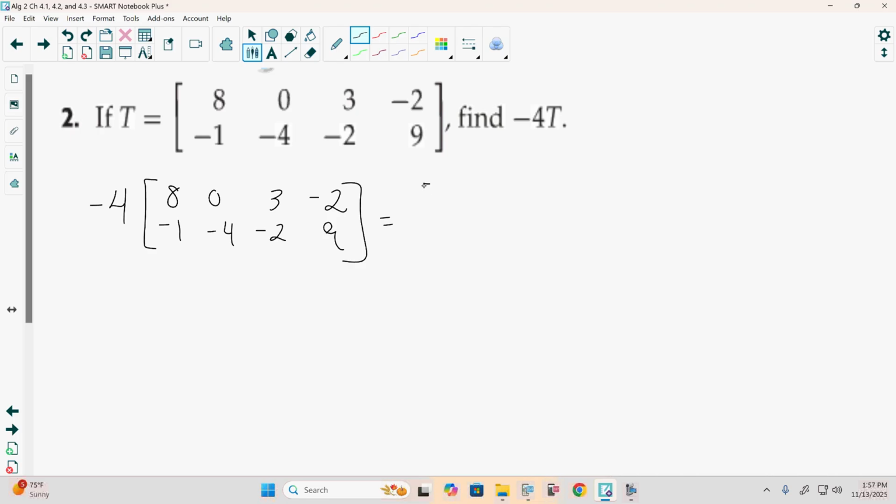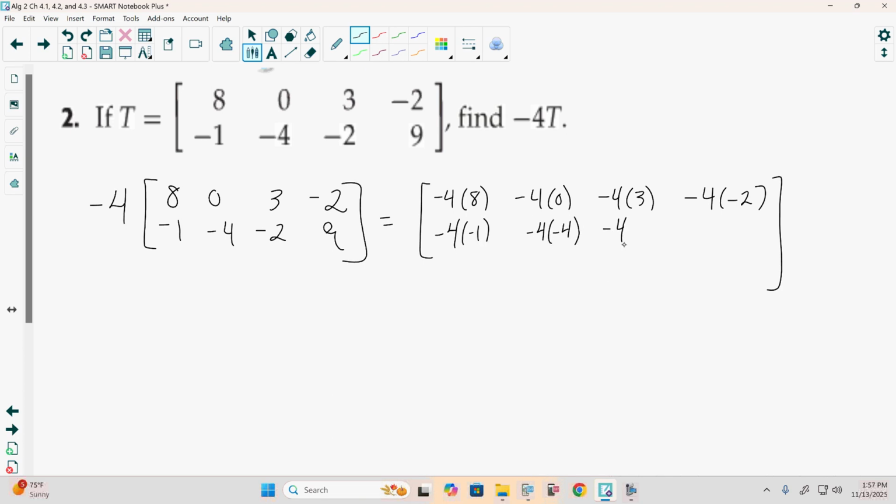Now the first thing we can do is we can come over and say negative 4 times 8, negative 4 times 0, negative 4 times 3, negative 4 times negative 2, negative 4 times negative 1, negative 4 times negative 4, negative 4 times negative 2, and negative 4 times 9.